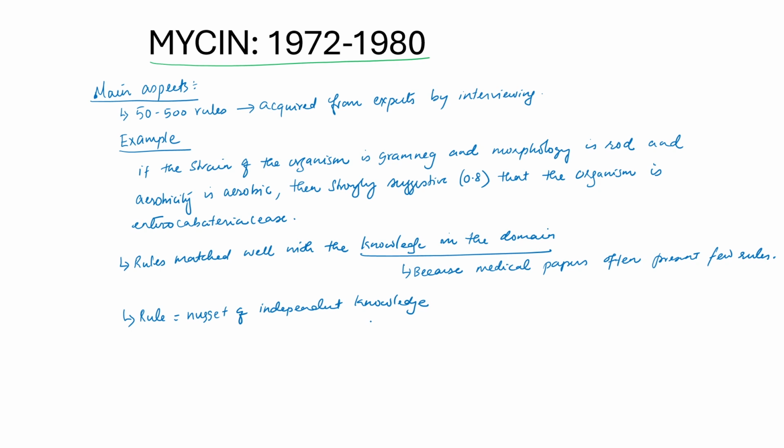So the critical aspect is it had about 50 to 500 rules, acquired from experts by interviewing. In the example, the strain is gram negative, the morphology is rod and the aerobicity is aerobic, the three conditions. Then strongly suggestive, with a number given, that the organism is enterobacteriaceae. The rules matched well with domain knowledge because medical papers also present a few rules, and here a rule is like a nugget of independent knowledge.